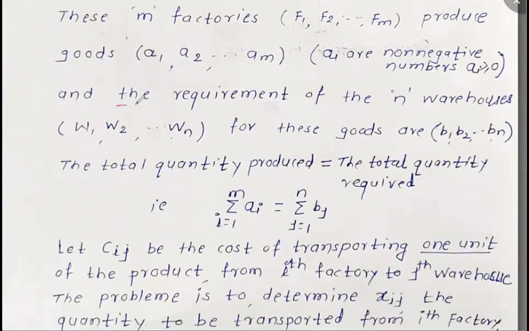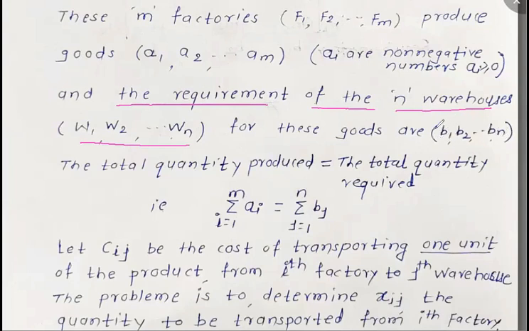And the requirement of N warehouses, W1, W2, Wn, there are N warehouses, and the requirement of goods at these N warehouses are B1, B2, B3 up to Bn.